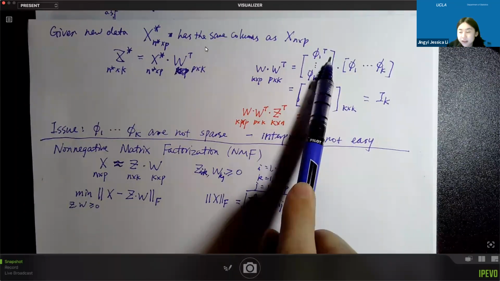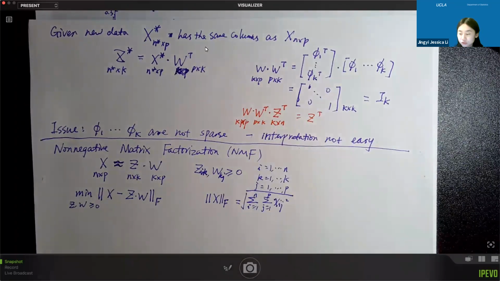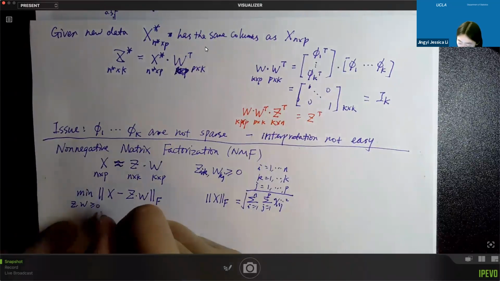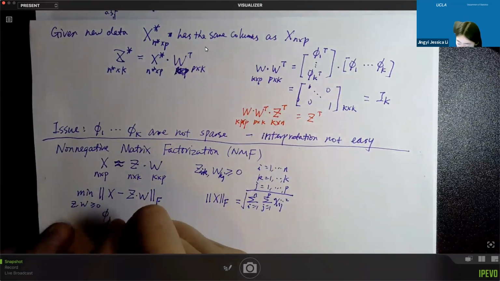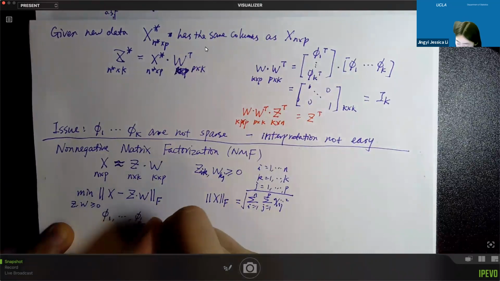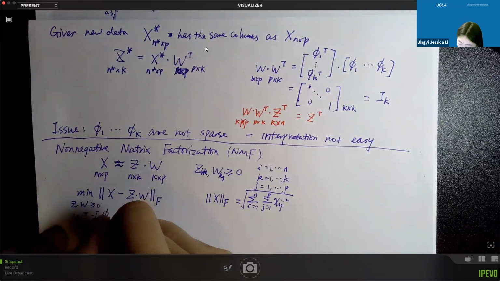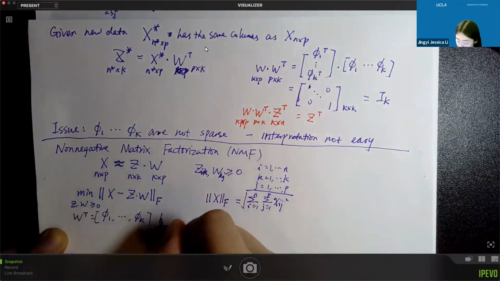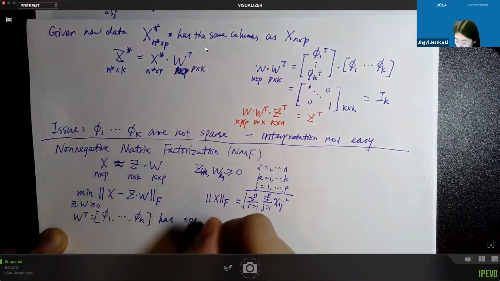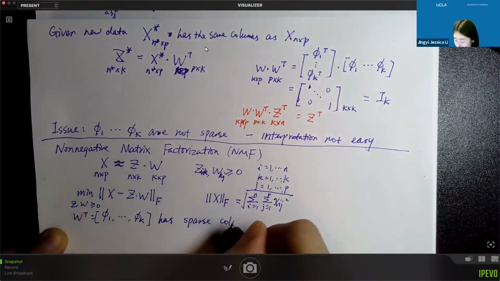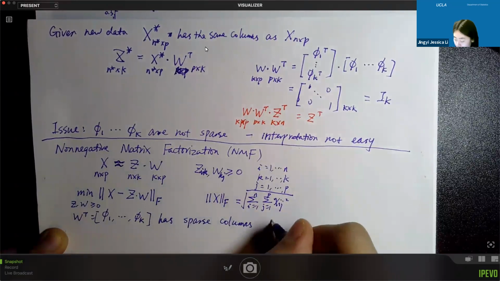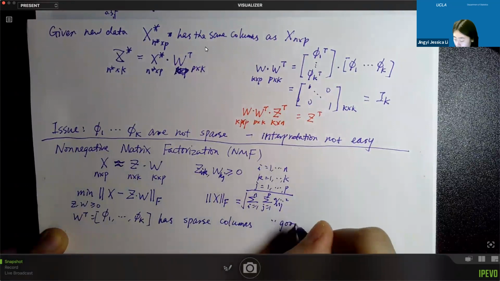So then you can better say, these original genes or features are contributing to my new dimension one. So you have better interpretability. In this way, phi 1 to phi K, I can say this is W transpose, has sparse columns. And this implies good interpretability.